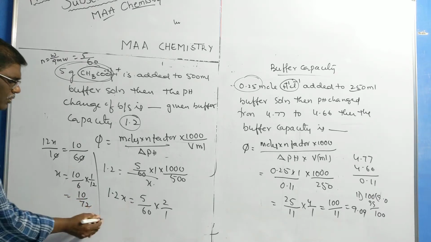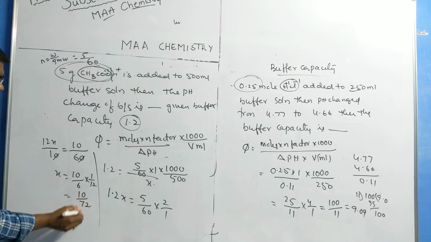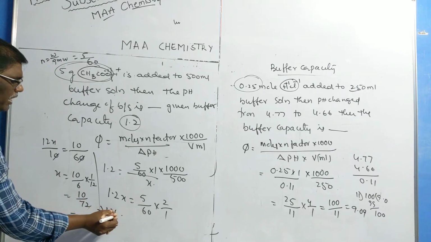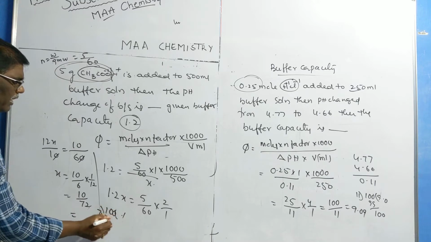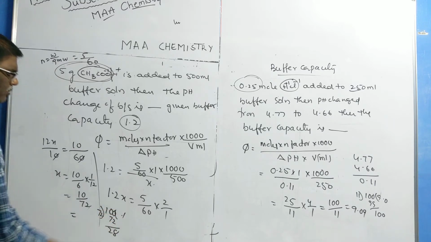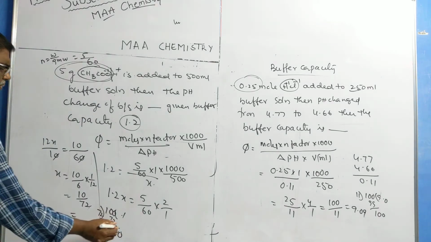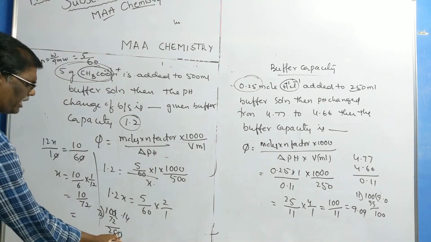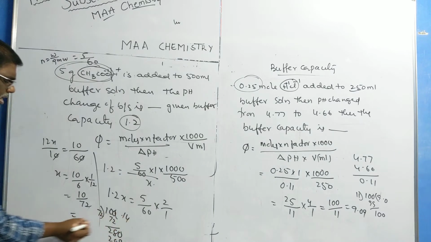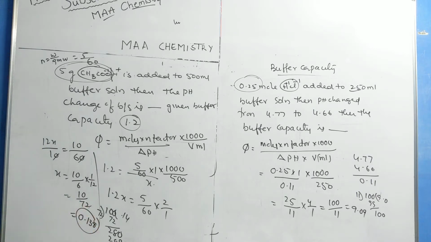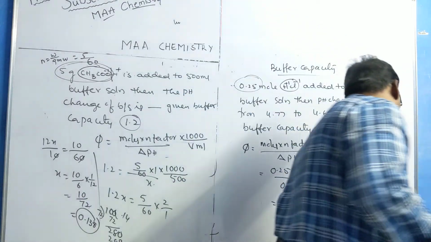Dividing 10 by 72, we get nearly 0.138 or 0.139. This is the change in pH. Thus the change in pH is calculated.